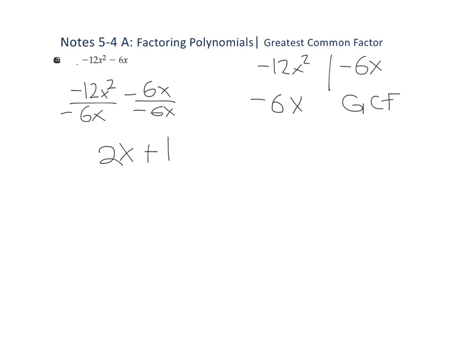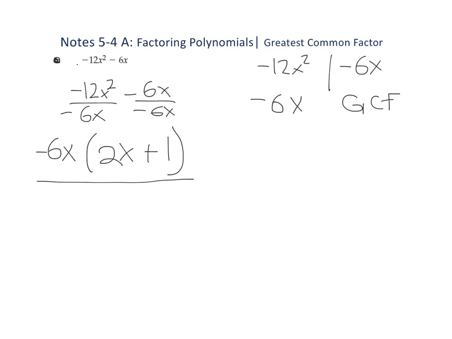Now, that's not the answer. That's me factoring out negative 6x from the binomial. Now, remember, the opposite of dividing was multiplication, so that explains why I'm putting parentheses around it. And I'm going to put that GCF that we found earlier right in front. That's the answer. It's negative 6x times 2x plus 1.